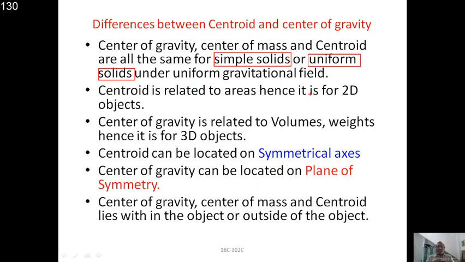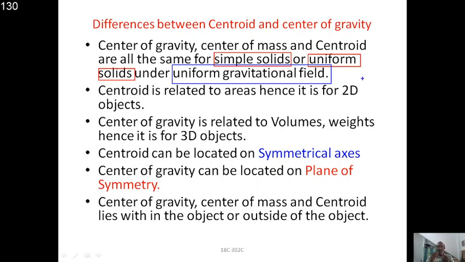The dimension is uniform throughout. Then the centroid becomes the center of mass. And in addition to that, if there is a uniform gravitational field, then it becomes the center of gravity.